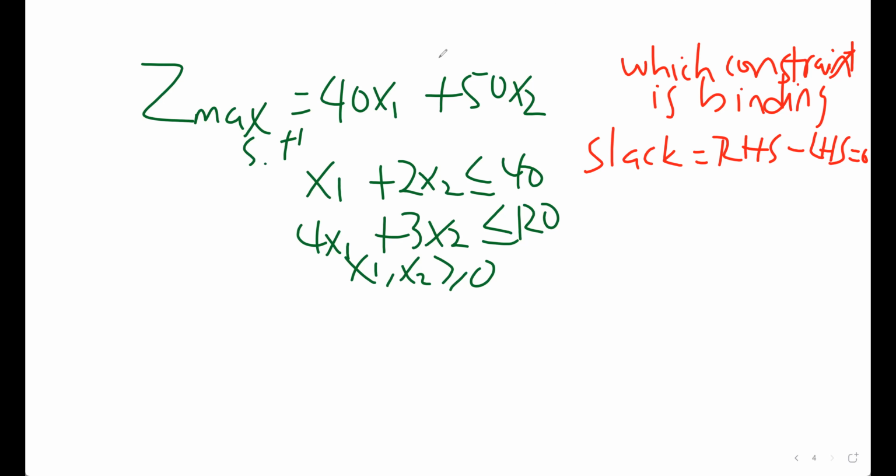Of course, what is a slack? A slack is a wastage. A slack is an unused resource. In case you don't know, you should put it down. So that resources you are supposed to use, but you did not use, is unused. Unused resource. That's what I mean by a slack.